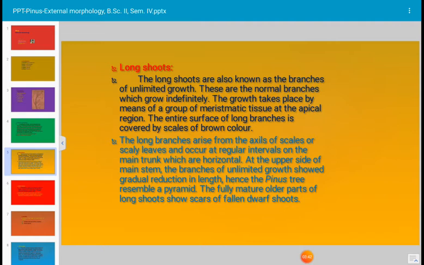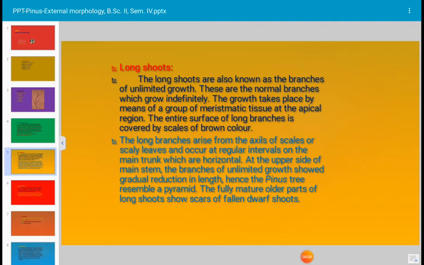The long shoots are also known as the branches of unlimited growth because the branches grow unlimitedly. Growth is not restricted. And these are the normal branches which grow indefinitely. The growth takes place by means of a group of meristematic tissue at the apical region.